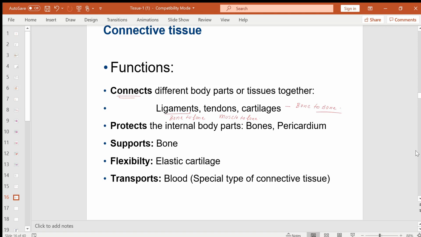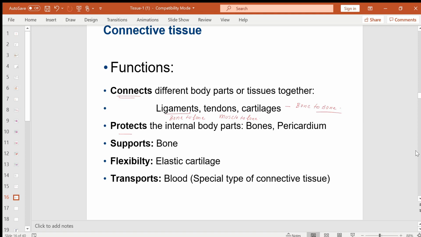Protection. You know that bones are connective tissue structures, right? And bones protect important organs in your body. Your cranial bones protect the most important organ, which is the brain, right? Vertebrae protect the spinal cord. Ribs protect your heart and lungs.